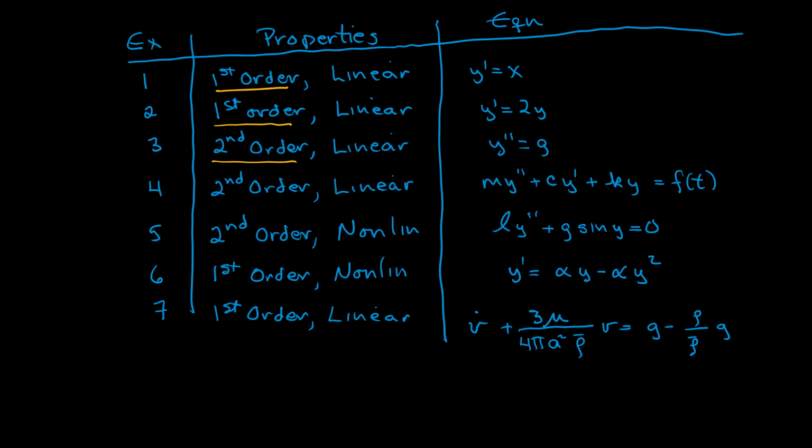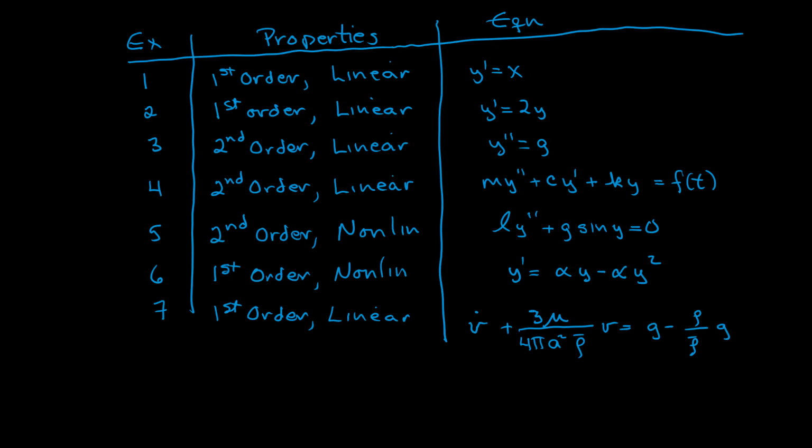So there are two things we want to look at. One, what is the order of the equation? Got that, hopefully. The second thing we need to look at is whether the equation is linear or non-linear. In the first example, notice our x has an exponent of 1. That's linear.